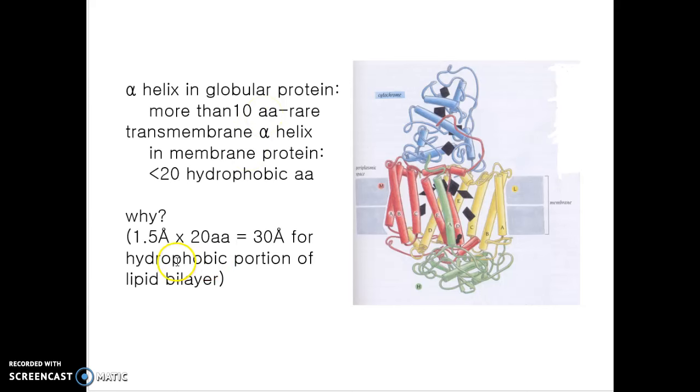Secondly, the hydrophobic core in the bilayer is about 30 angstrom.